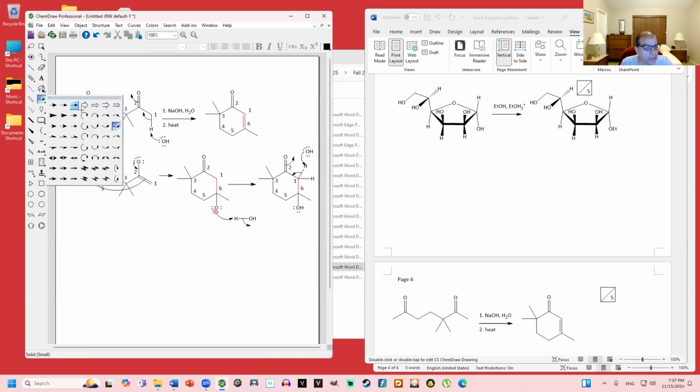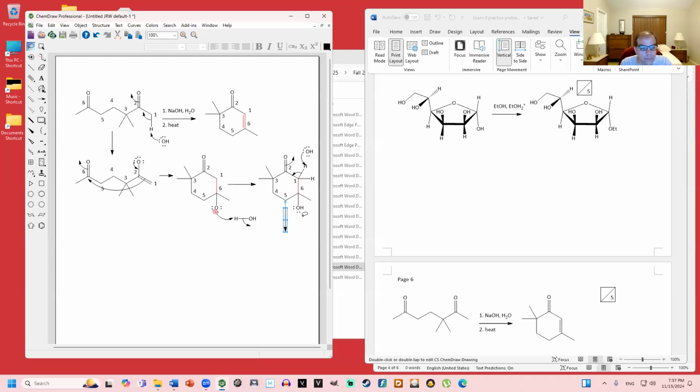And we form the enolate, which will have a double bond right there.